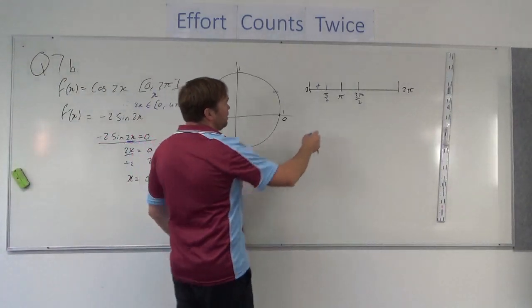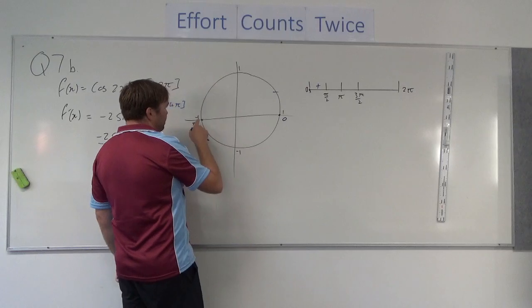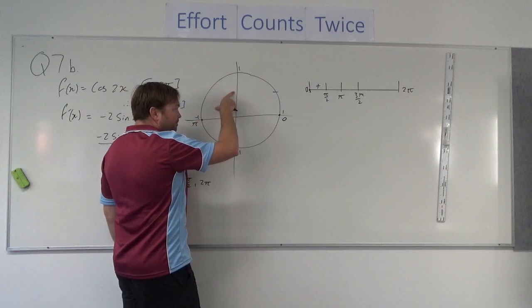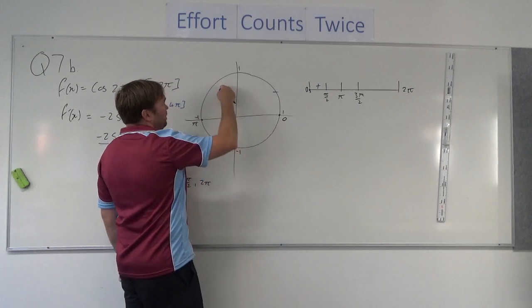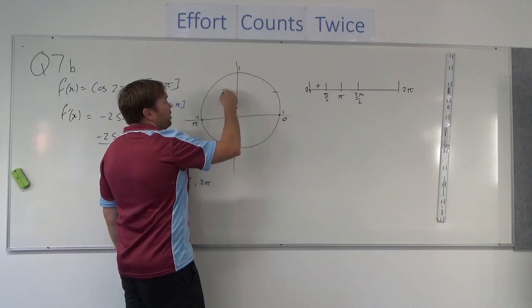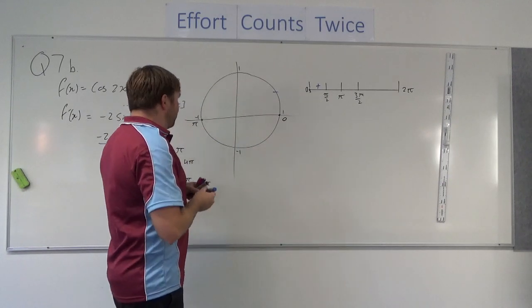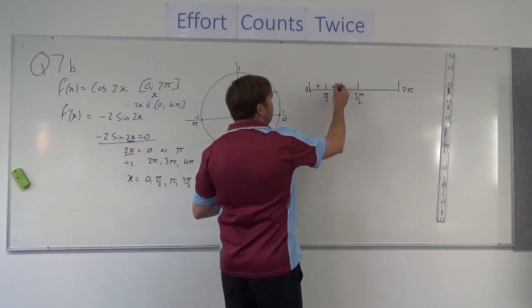If we're between pi on 2 and pi, when we double it, if we say like here, that's like a third of the way around the circle. Doubling it is now 2/3 of the way around. So like here, sign is now negative.